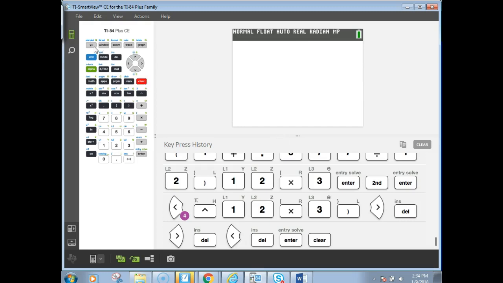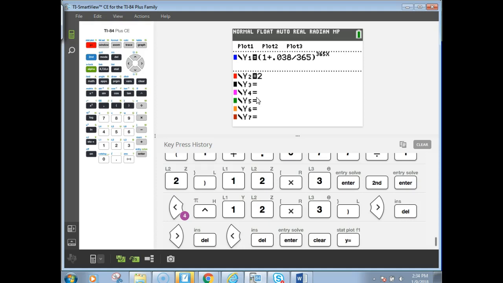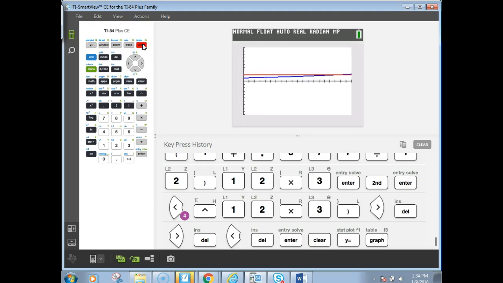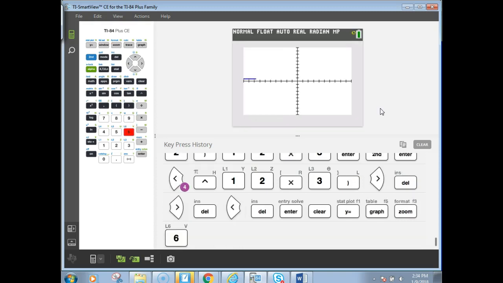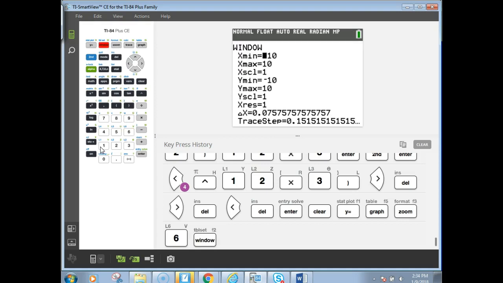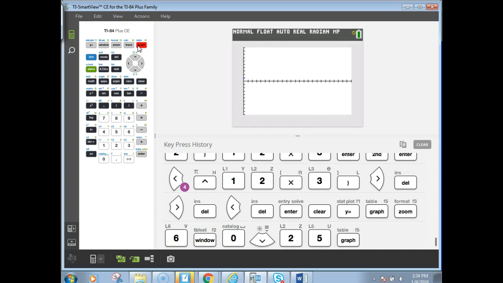I'm going to hit graph. Now, wait a minute. What I had was zoom 6, and then I realized I can't see the intersection. So I had to increase and change my window so that I went from 0, say, to 20 years or something. Maybe it's going to take 25 years. I don't know. And then I press graph.